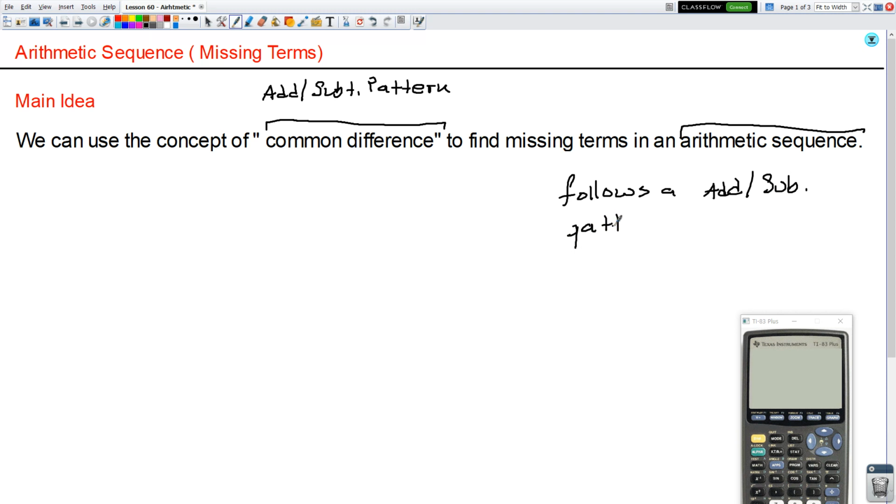This was introduced on the previous lesson, but it's good to review. So we can use that pattern to figure out missing terms. And we know that pattern is either addition or subtraction because it's arithmetic by definition.